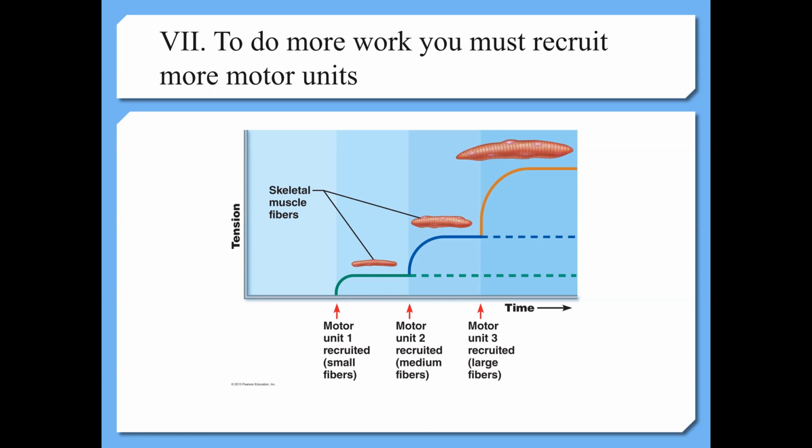So in a fine motor unit with small fibers, we have developed this much tension. If we stimulate motor unit number 2 in addition to motor unit number 1, now we have developed this much tension. And then finally, if we add motor unit number 3, we have developed this much tension.